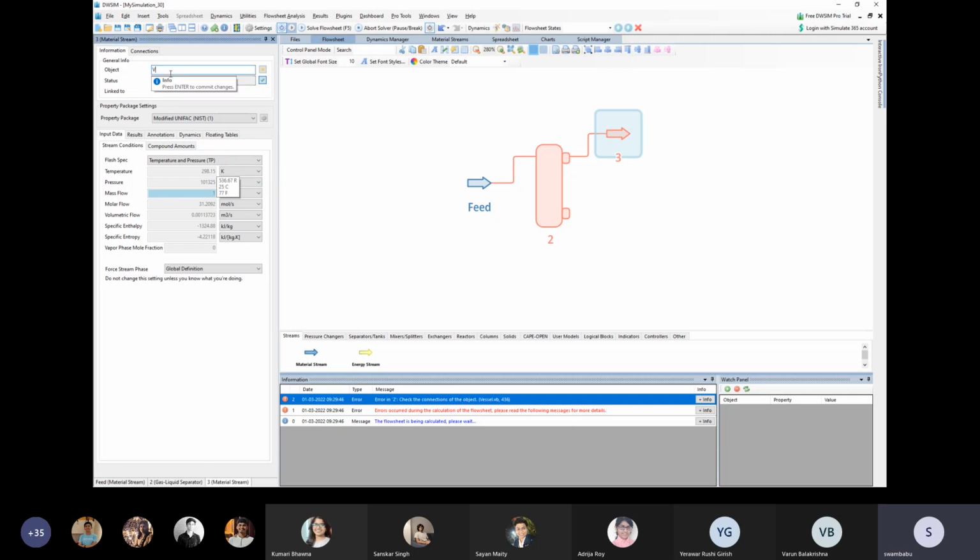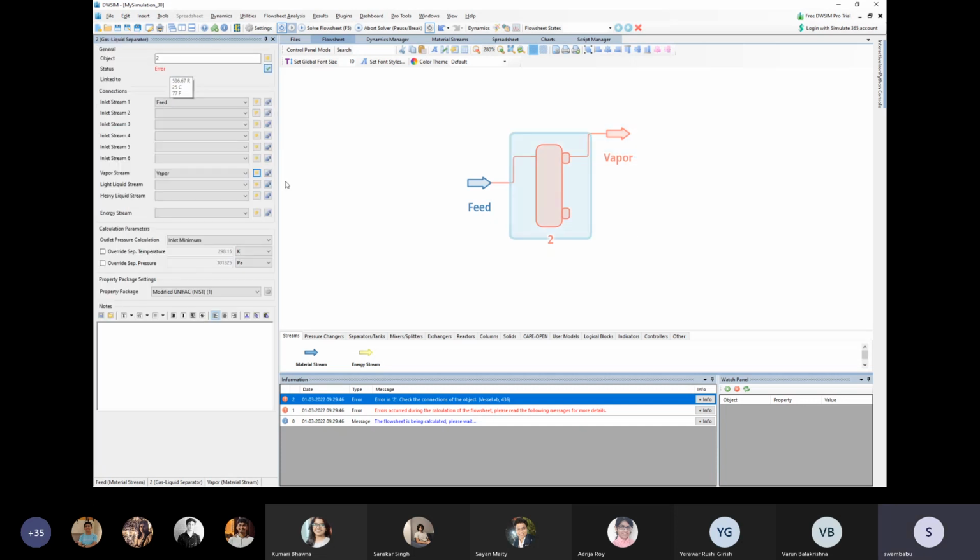So I will just say vapor stream. Now again I'll go to this, and here there is light liquid stream and heavy liquid stream. If you have two liquids, then we have light liquid and heavy liquid, depending upon their boiling point conditions. But here we are taking only one liquid stream.